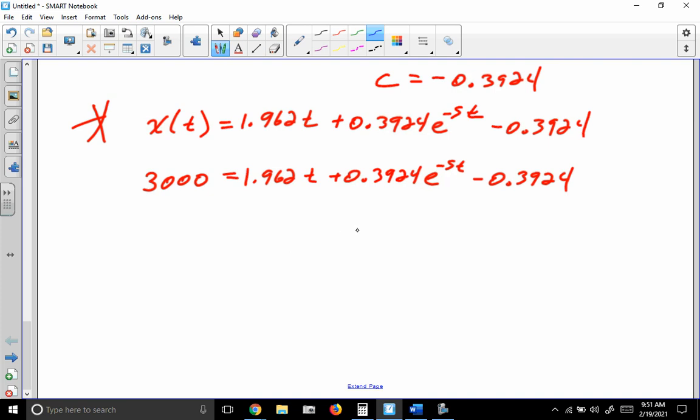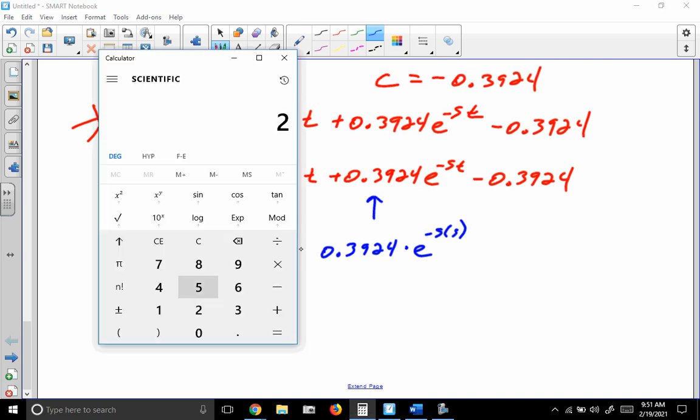So notice if, for example, t is even 5 seconds, then let's notice what is going to happen to this term, 0.3924. If we put 5 seconds in for t, then we're going to have e to the negative 25. Well, if we take e and raise it to the negative 25 power, that's exceptionally small.